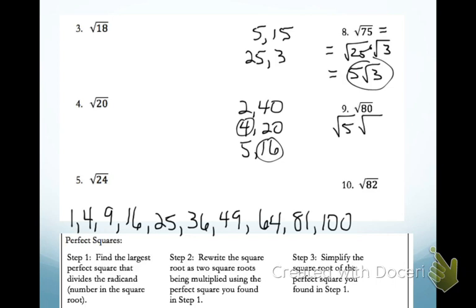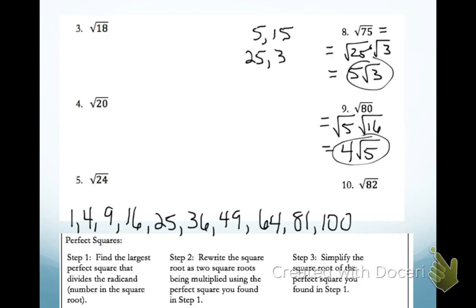So square root of 5 times the square root of 16. I'm going to take the square root of 16, which is 4, and I'm left with 4 times the square root of 5. All right, lastly, square root of 82. So if I divide that by 2, I get 2 and 41. And then there are no other factors, and neither of those are perfect squares. So sometimes our square root is already in simplest form.